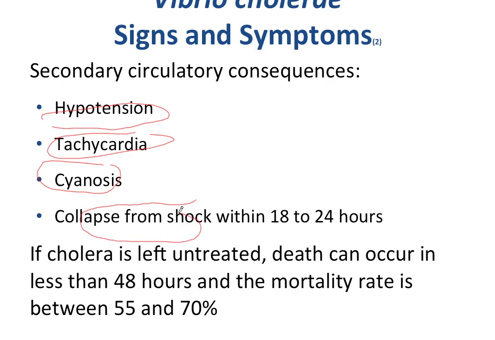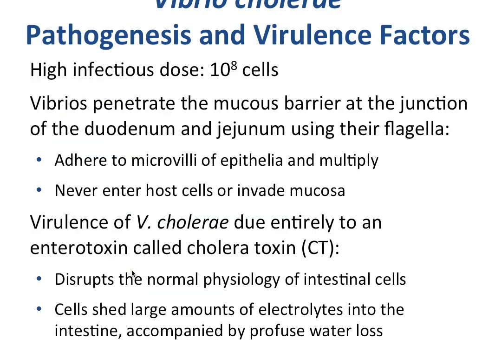Okay, die in less than 48 hours. So the mortality is very high. So the Vibrio actually needs a large bacterial load to induce the disease. So the Vibrio can invade the mucus at the junction of the duodenum and jejunum.